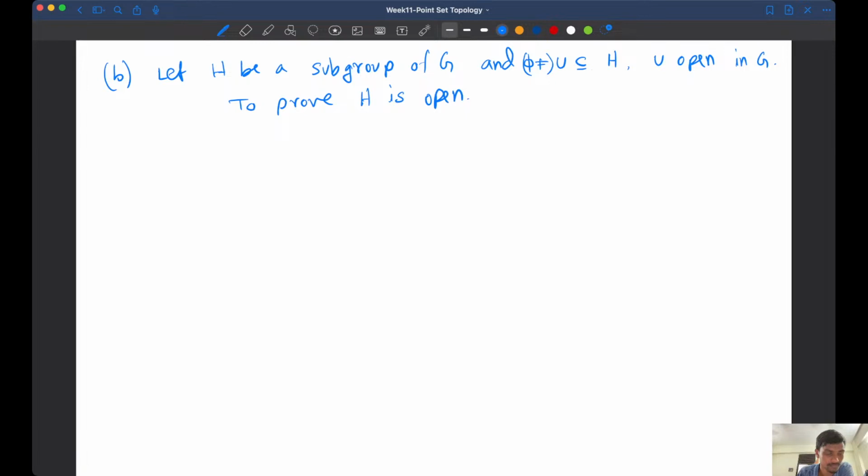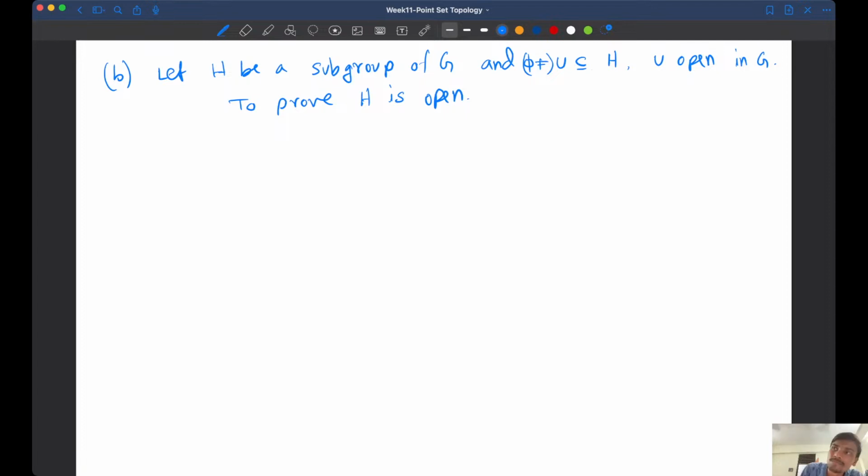As we did in the previous question. Like in this case you don't have to make H a subgroup. H is already given to be a subgroup, and U is contained inside H. So you can say, if I take the union of U intersection U inverse power n, yeah, that is contained inside H surely, no problem.